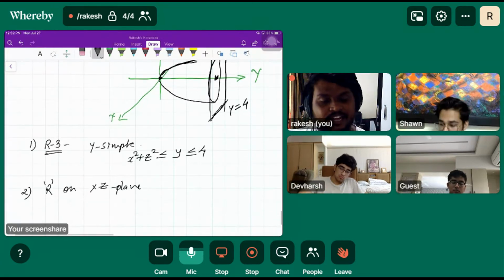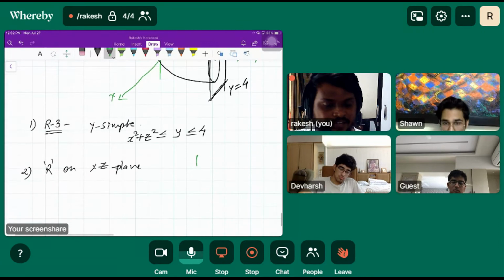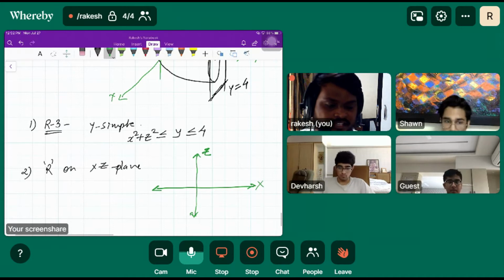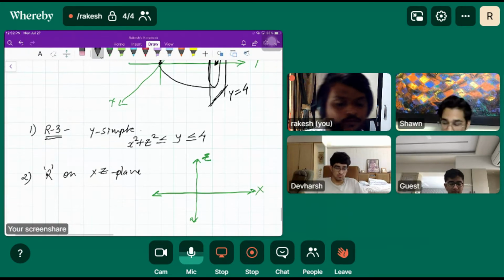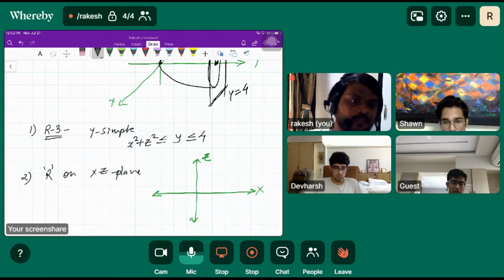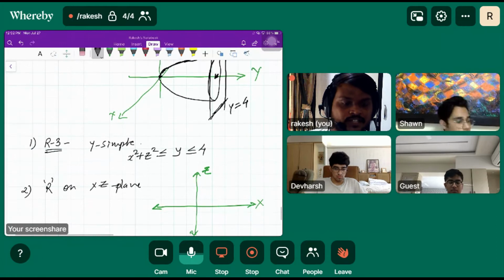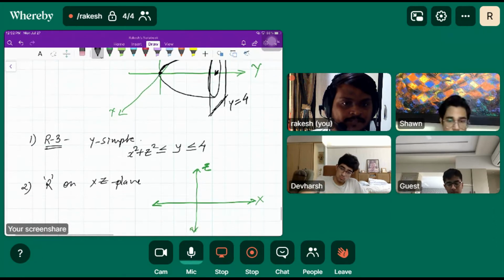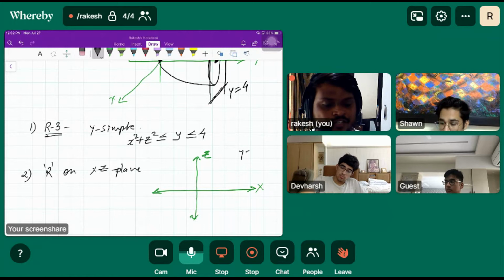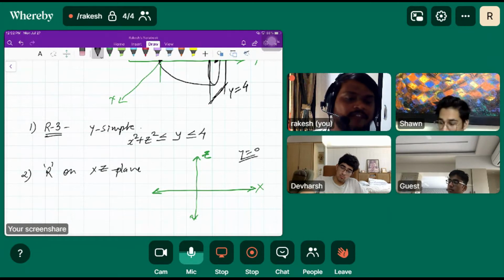Now let us define region R on the xz plane. This is x, this is z. We are looking for a level curve to be drawn on the xz plane. If you are on the xz plane, the y value is 0.